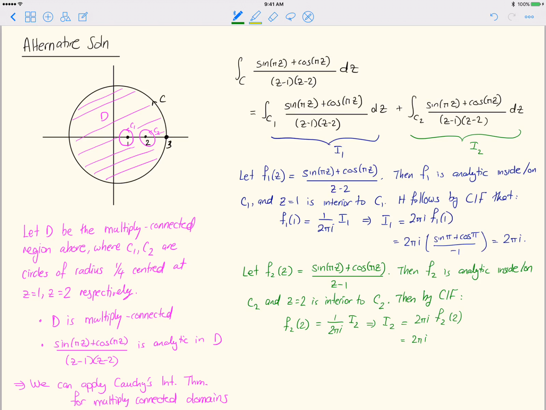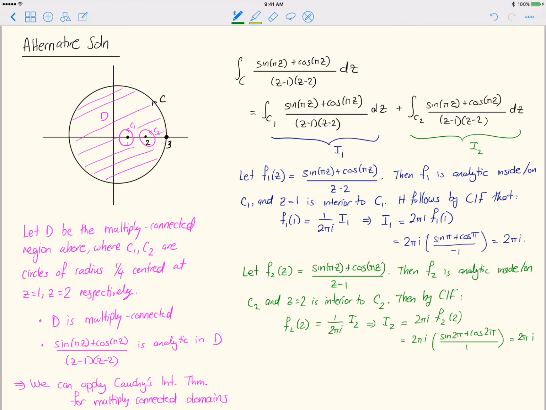So that's 2 pi i times sine 2 pi plus cos 2 pi over 2 minus 1, which is 1. Now sine 2 pi is going to be 0, cos 2 pi is 1, so this gives me 2 pi i as well.